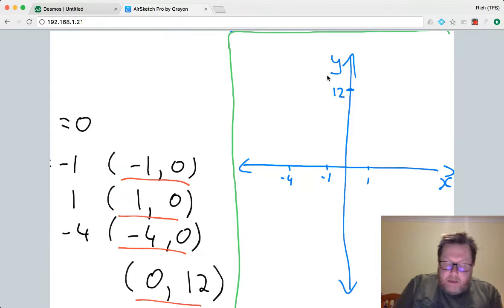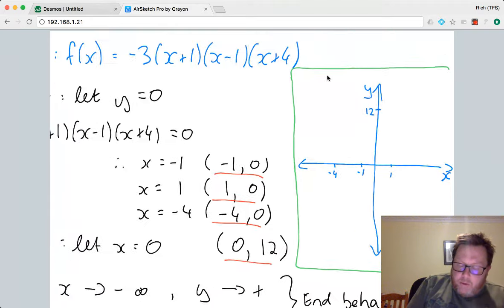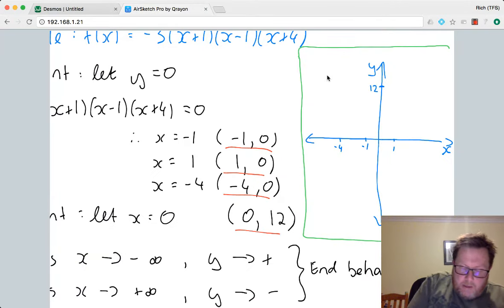So I've got my intercepts in, and now my end behavior becomes important because it says as x is equal to negative infinity, y is positive. So I know that this is x approaching negative infinity. So that means it's going to start up here somewhere. And then as x approaches positive infinity, y goes negative. So it's going to end down here. My graph needs to start up here and end down here.